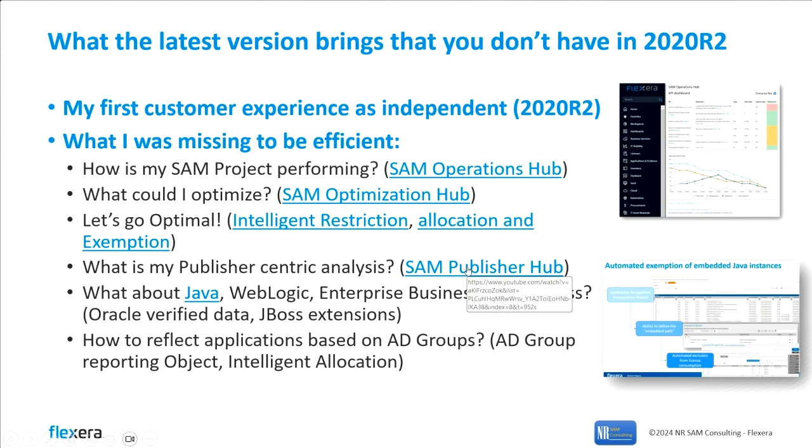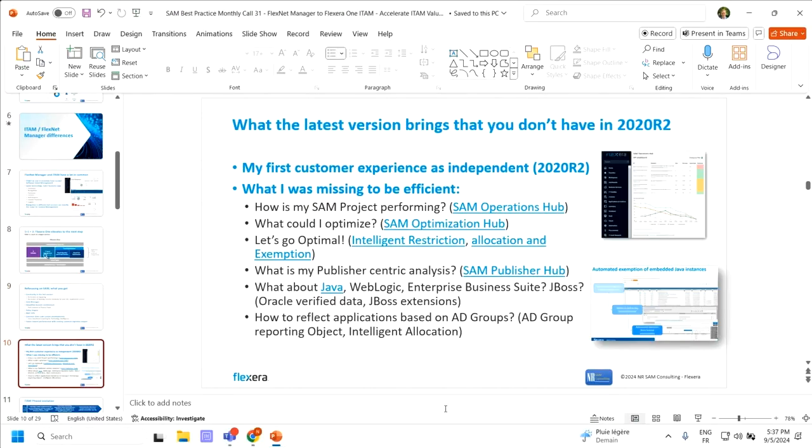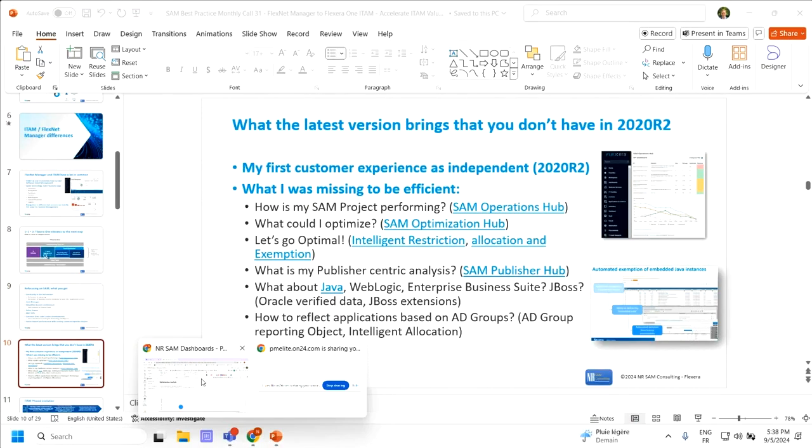You get a full picture based on the publisher you decided to select. What are the deployed applications? What are the trends? What are the costs? These are things which you may not have if you are still in 2022 or 2023 R1. So all these features come so nicely, it's quite easy to go to.